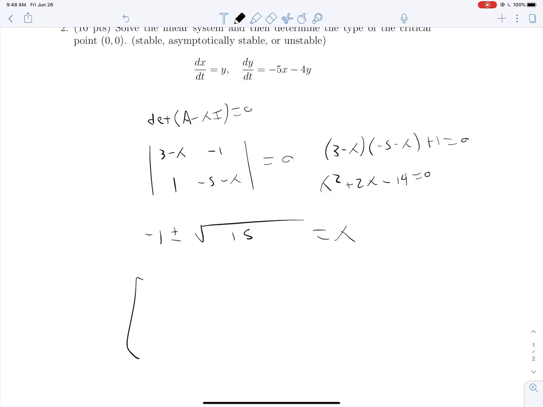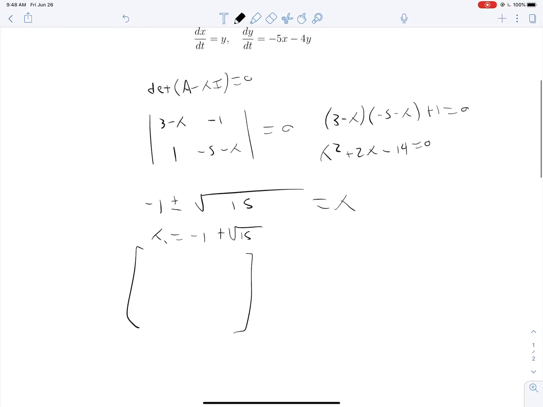So in order to find our eigenvectors associated with these eigenvalues, let's just take one of our eigenvalues to start off with. Lambda 1 is equal to negative 1 plus root 15, and plug that into A minus lambda I. So 3 minus negative 1 plus root 15 will be 4 minus root 15.